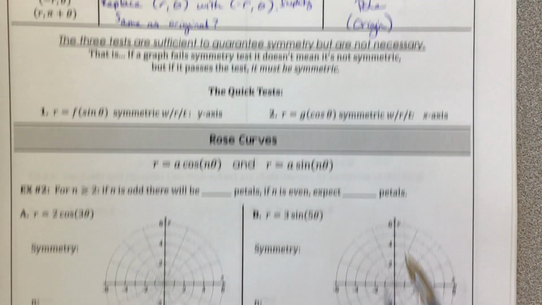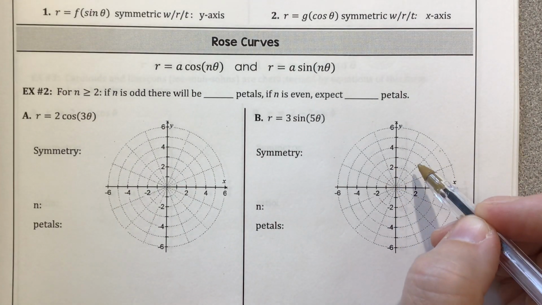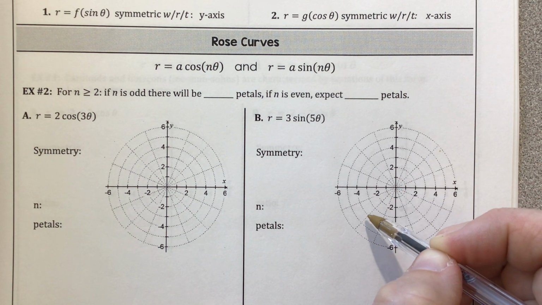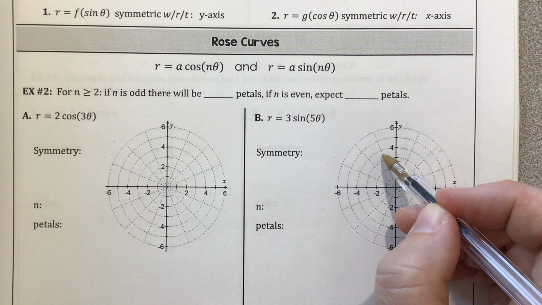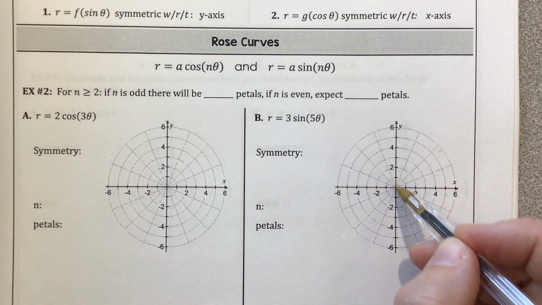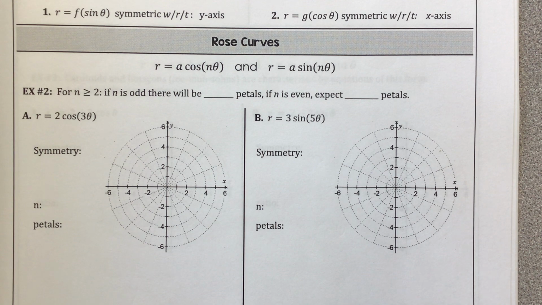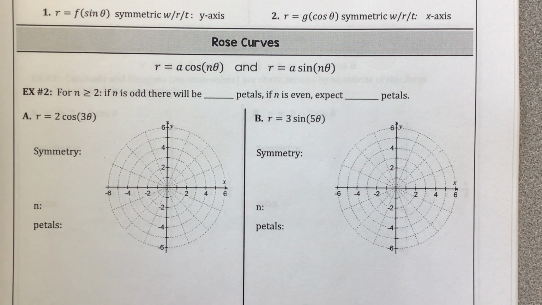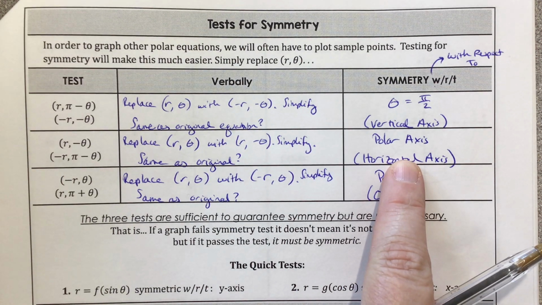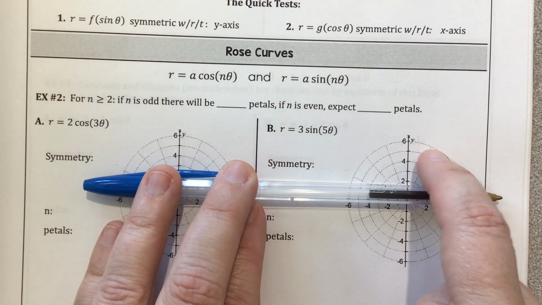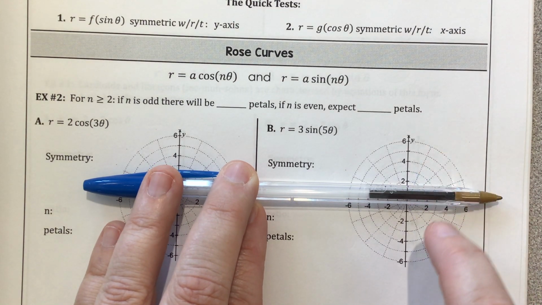So if I have pole symmetry, I will find that any point here has another point just opposite it on the other side of the origin. I said coordinating, but I meant corresponding point. And if we have polar axis symmetry, horizontal axis symmetry, I will see that any point up here on the top half of my plane has a corresponding point on the bottom half of my plane.